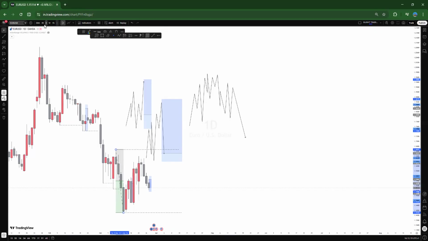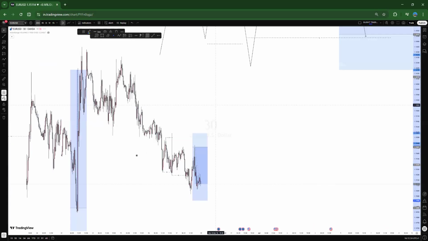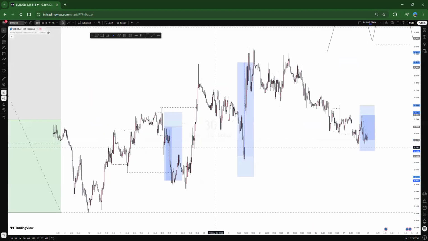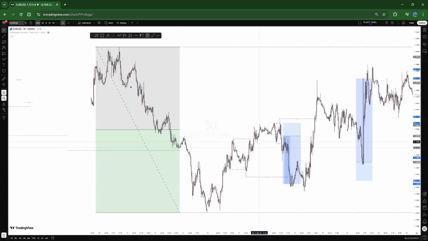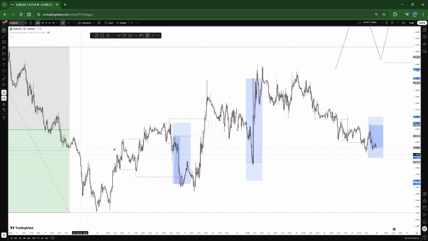Then I go to the 30 minutes time frame. I just have to zoom out. This is the zone marked out, right? So this is the high and this is the low. What's the 30 minutes doing?